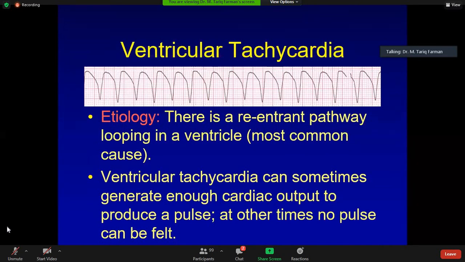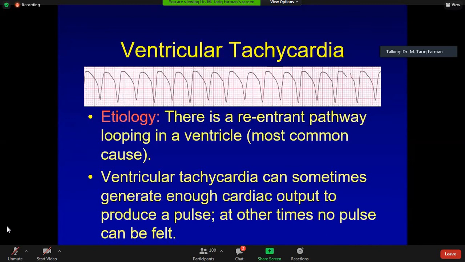At other times, no pulse can be felt. So if the ventricular tachycardia is not hemodynamically unstable, if the patient is stable, if it's not creating any abnormality, like the patient is conscious, pulse is there, and BP is normal, it's called hemodynamically stable tachyarrhythmia. And in case of hemodynamically stable tachyarrhythmia, you don't need to give that patient electrical current.